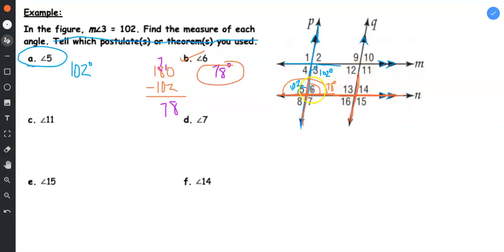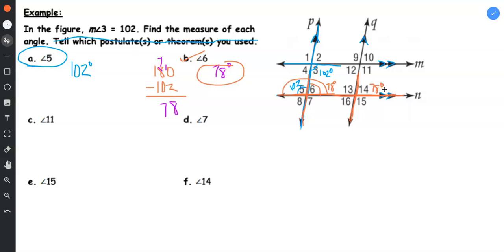And then I'm going to think about the fact that angle 6 and angle 14 are corresponding, meaning they're in the same spot in their set of 4 angles. So in the 13, 14, 15, and 16, 14 is top right. In the 5, 6, 7, and 8, 6 is the top right. So they're corresponding angles and they're congruent.